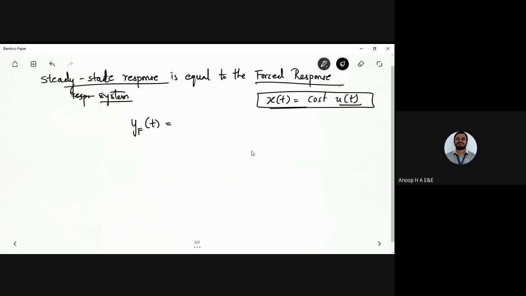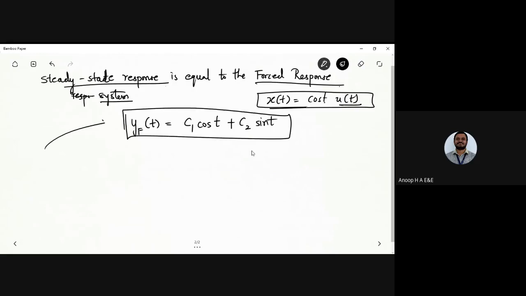Given input x(t) = cos t u(t), the forced response would look like C1 cos t, since omega is 1 here, plus C2 sin t. This is the structure of the forced response, y_f(t).